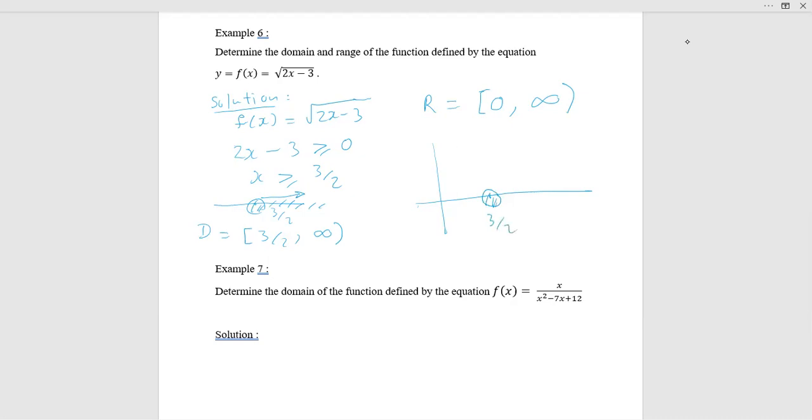And after that, as the x value increases, y increases. We know the shape of the square root. It's like this. Right? So this domain and range we found agrees well with this graph.